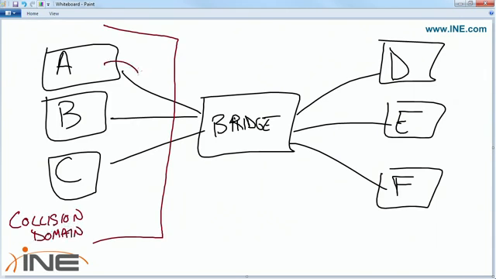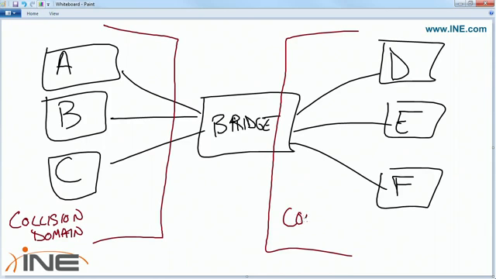So before A actually sends a packet onto the wire, it has to listen to see if B or C are sending at the same time. Only once it hears that no one else is sending traffic can it actually send the signal out. The same is going to be true on the other side, where D, E, and F are going to make up a second collision domain.